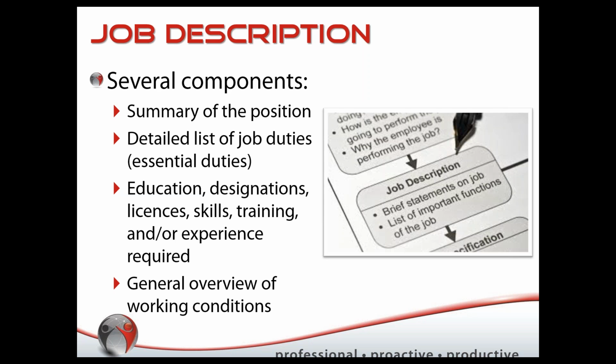Often a job description will have that information as well, and then the general overview of the working conditions. So, some travel required or must travel within the GTA, or works from a home office versus works primarily from our main corporate office, must be here the hours of 9 to 5, those types of things.